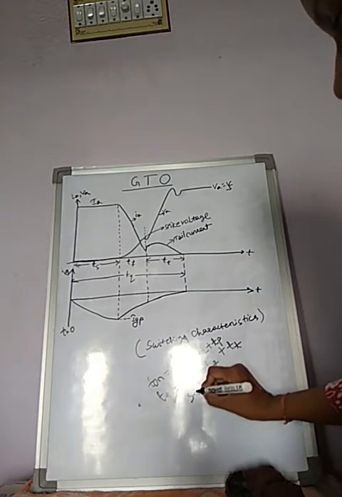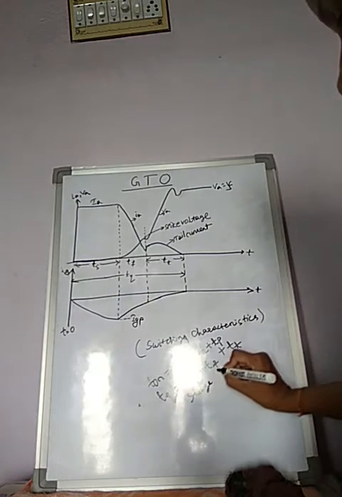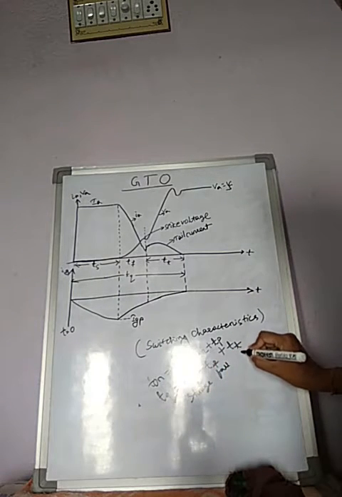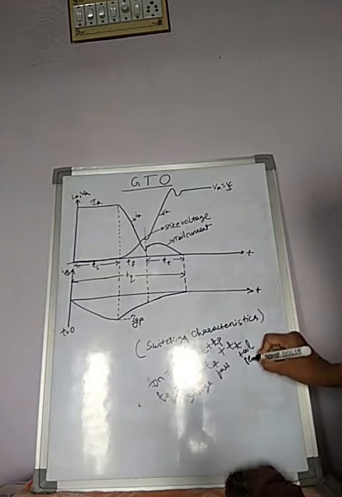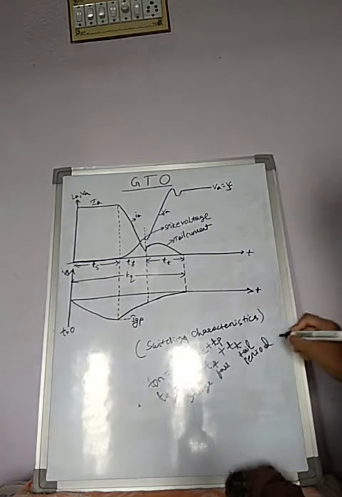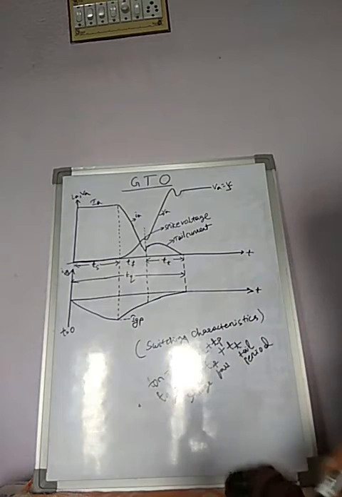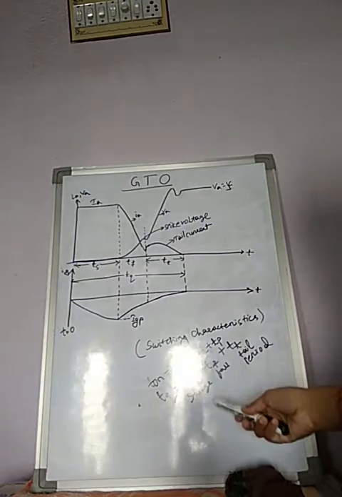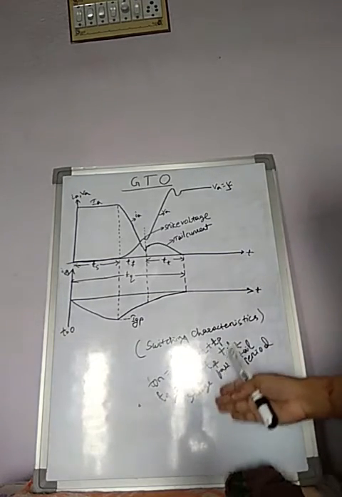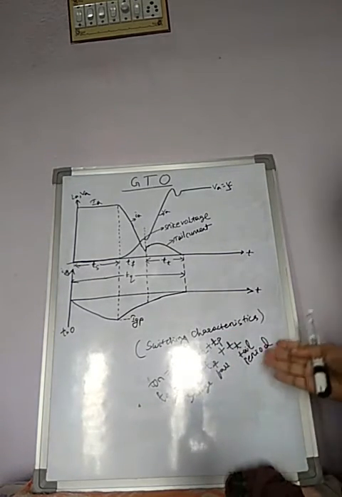This is the storage period, this is the fall period, this is the tail period. Let's go to each period one by one: storage period, fall period, tail period.